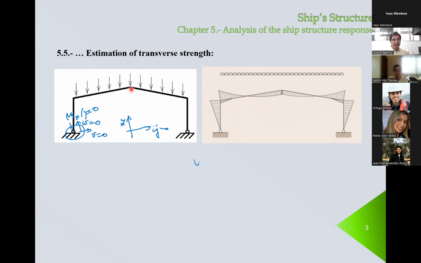Again, in this point, the bending moment is the same for this element as for that element. So you have this value, and then you have a change in deflection and distribution. And on the other side, you have similar behavior.